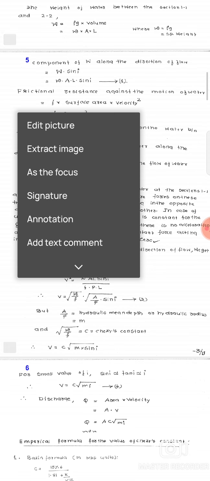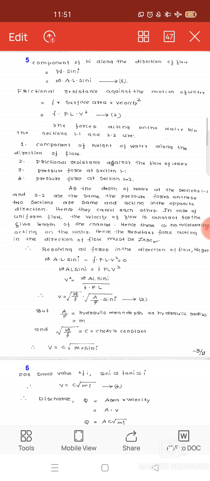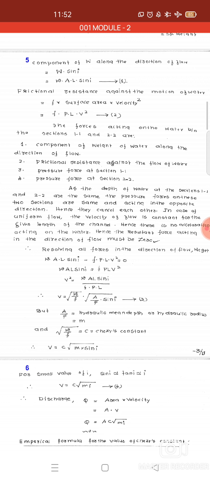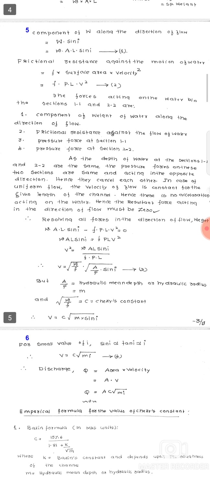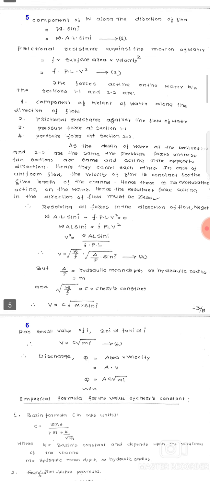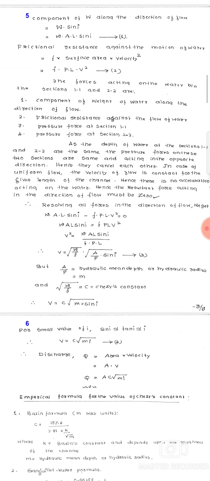As the depth of water at sections 1 and 2 is the same, the pressure forces on these two sections are the same and act in opposite directions, hence they cancel each other. In case of uniform flow, the velocity of flow is constant for a given length of the channel, hence there is no acceleration acting on that water, hence the resultant force in the direction of flow must be 0.